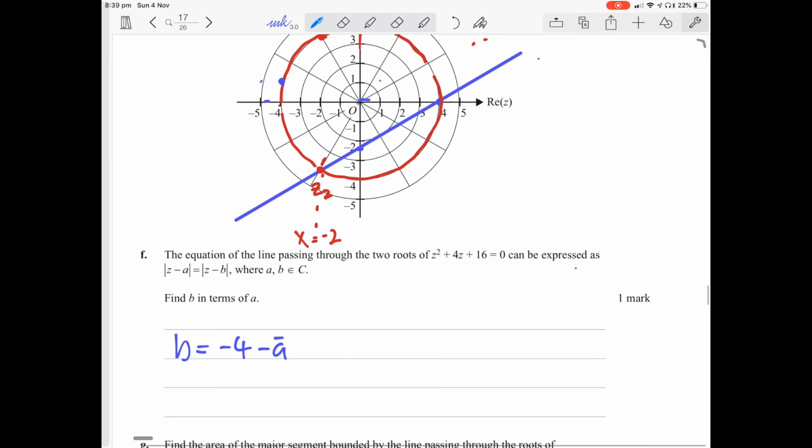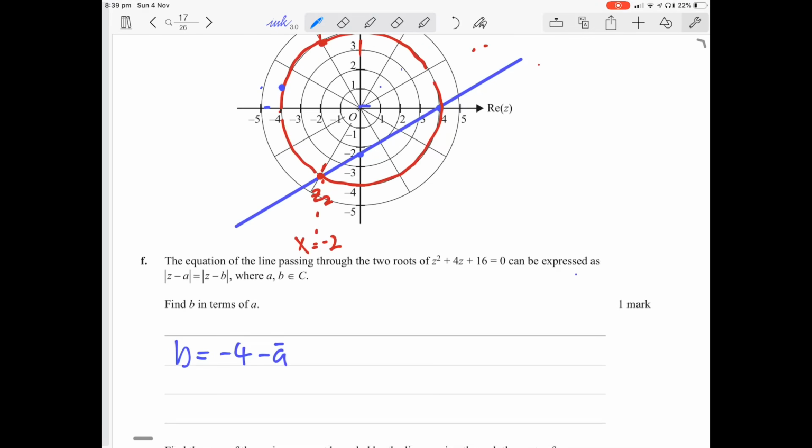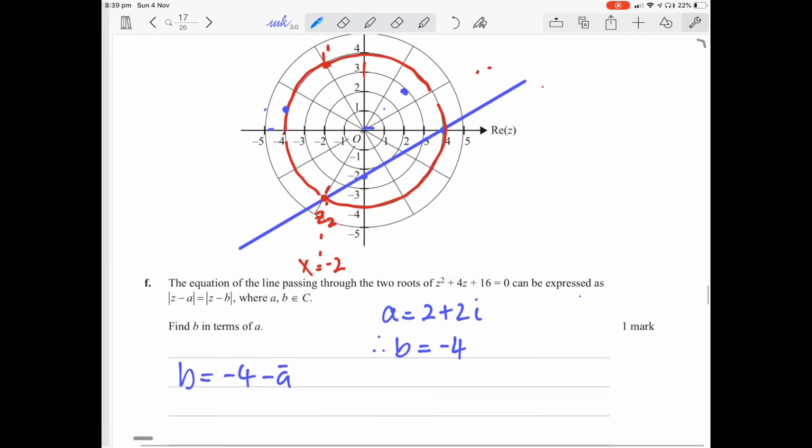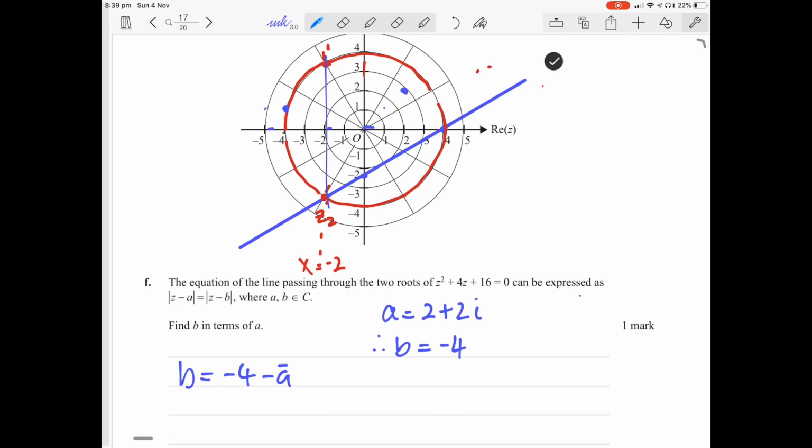let's just choose a random point and see if this works. So let's say 2, 2. So A equals 2 plus 2i, not j. Therefore, if I said B is equal to negative 4, it's got to be 4 to the right and 2 up, so I've got to go 4 to the left, so negative 6 and 2 up.